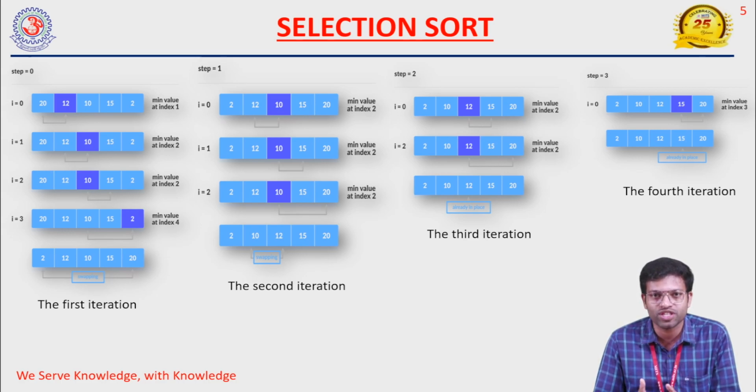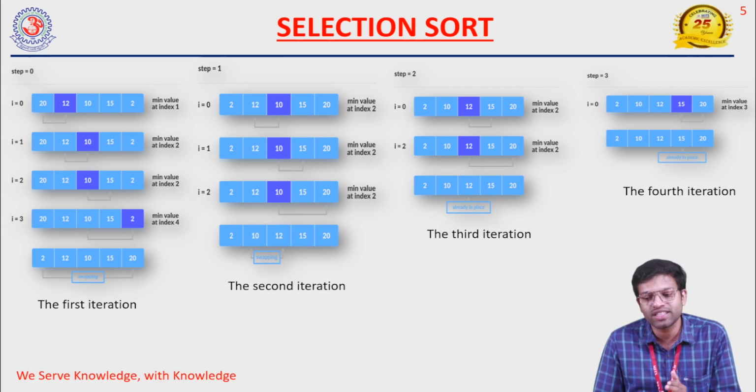Once we reach 10, we identify that 10 is the smallest element, and 15 and 20 will be compared, but we will not change the pointer because 10 is the smallest among these four elements, and 10 will be moved to the second position. There we can see 12 and 10 will be swapped, and 10 will reach the second position. So this is what happens in the second iteration.